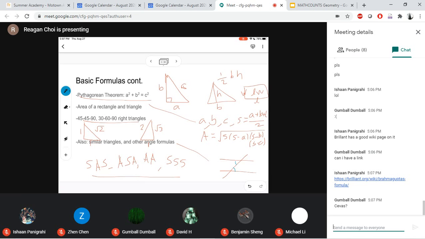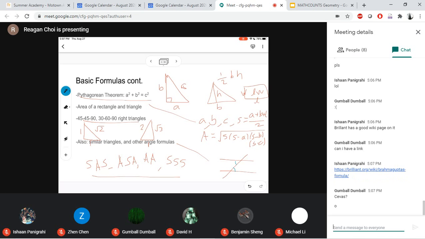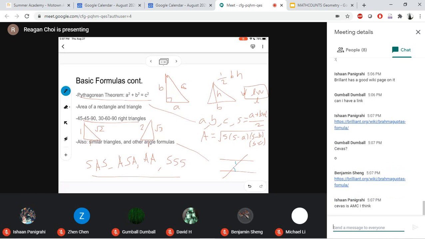We're not going over Ceva's because we might if it was not circle geometry, but we don't really need it for circle geometry. I'd say Ceva's is too hard though. Ceva's is an AMC thing.